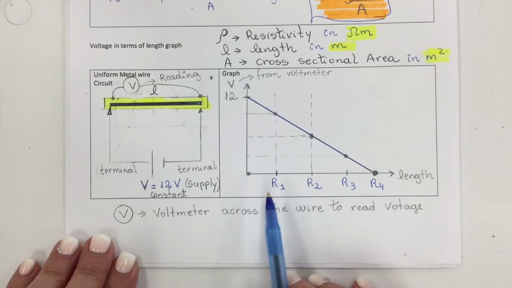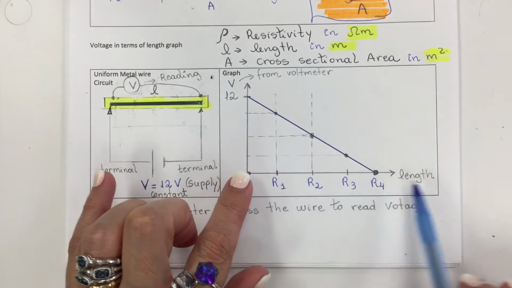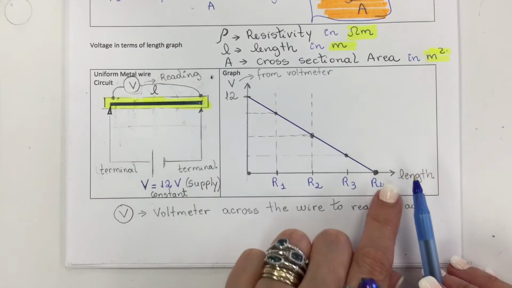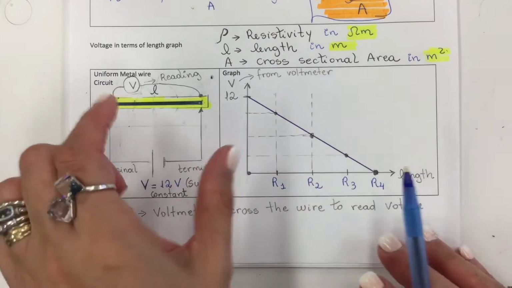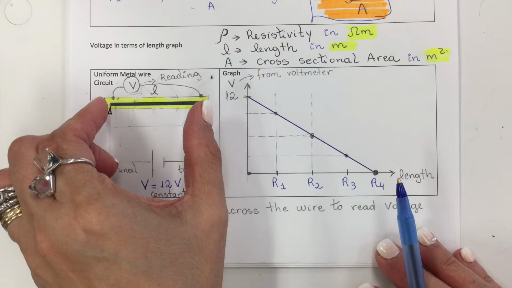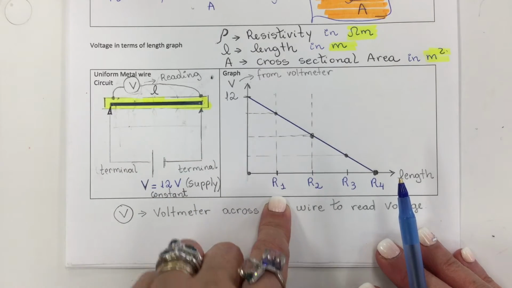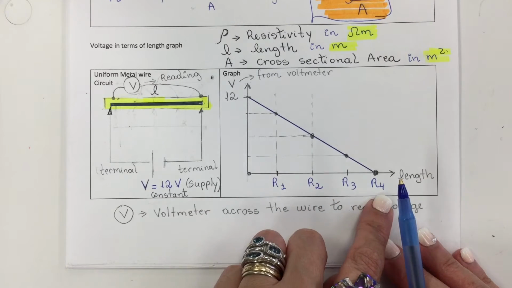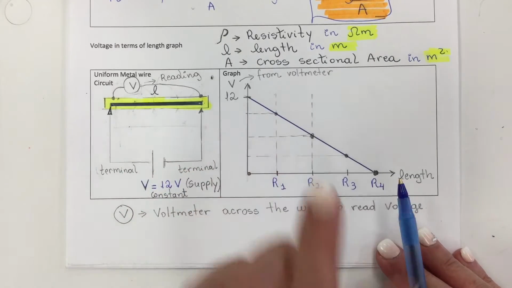A couple of notes about this graph. I know this is representing length, but in this case we have to look at length as a portion of resistance. So as the length is getting longer, the resistance is getting higher. For each segment, I'm calling them R1, R2, R3, and R4 to represent each section.